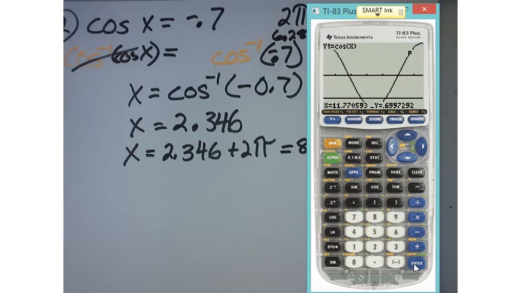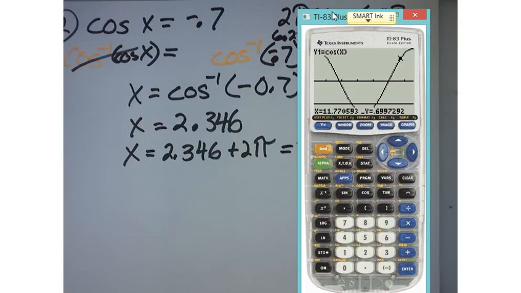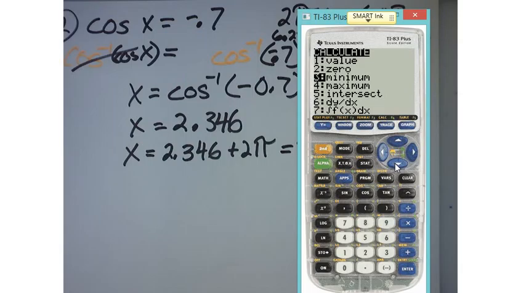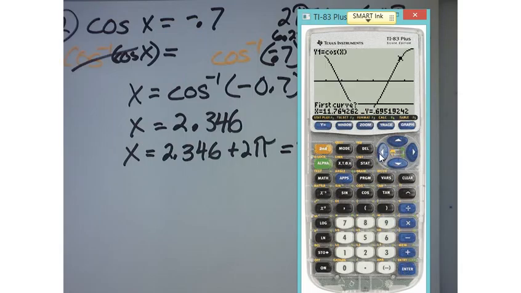So how do I find that other one? Well, you could trace or you can find the intersection, but what you need to really understand is how they're connected. I guess what I could do is hit second trace and come way down here. That's what you would do if you were taking a test, like the AP Calc exam.